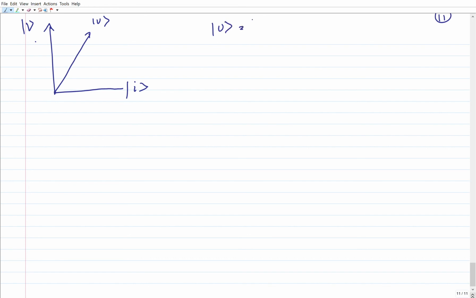U was essentially the uniform superposition of all states. So the angle between U and I, let's say, is theta 2, with cosine theta 2 equal to 1 over root n.